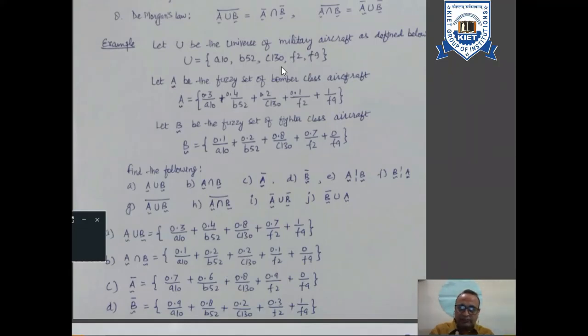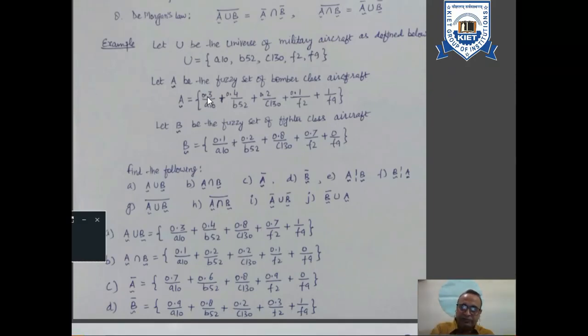Now, according to the perception of that person, what he did is take aircraft A10, and according to his perception, he thinks that it fits in the class of bomber aircraft with 0.3. As I already told you, the membership value of each and every element must be in the range of 0 to 1, and it represents the degree of association of that specific element with respect to that fuzzy set.